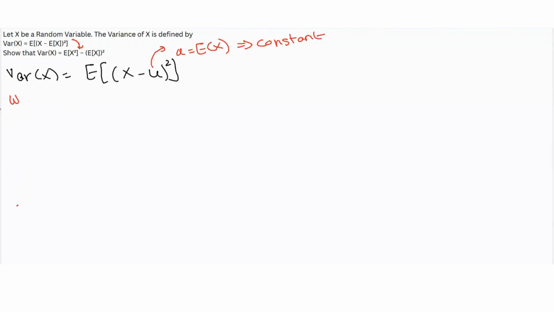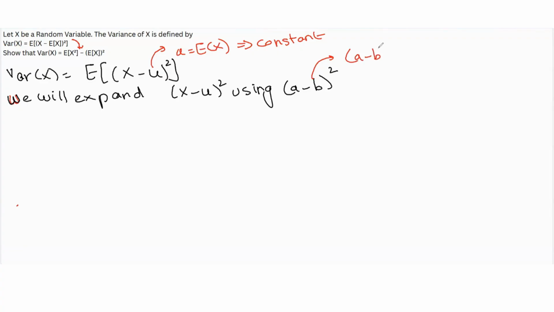Now the first thing that we'll do is expand (x minus mu) whole square using (a minus b) whole square. Now what is (a minus b) whole square?